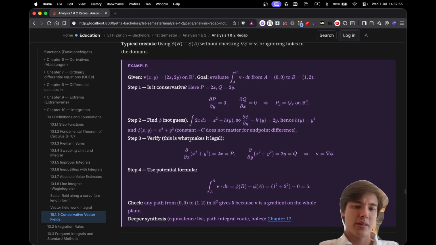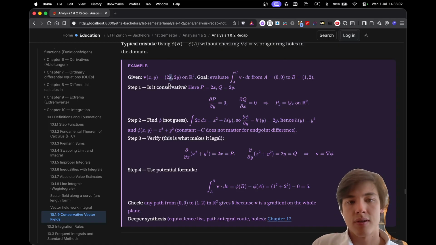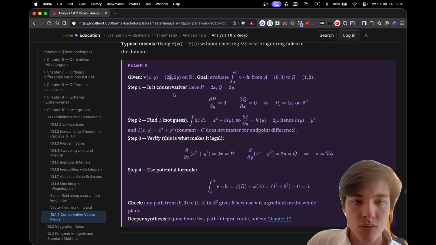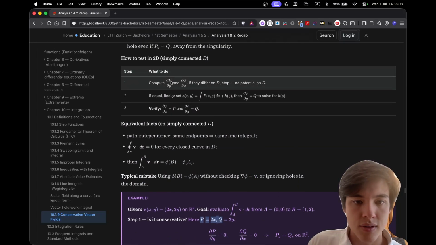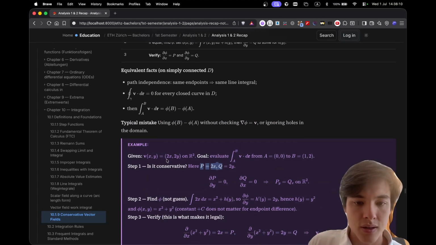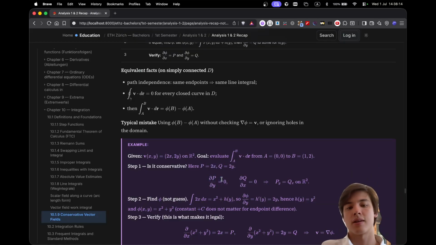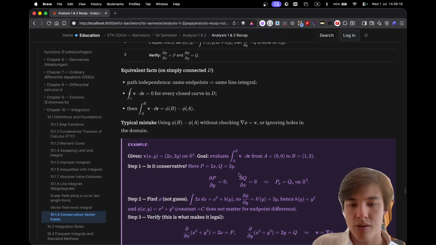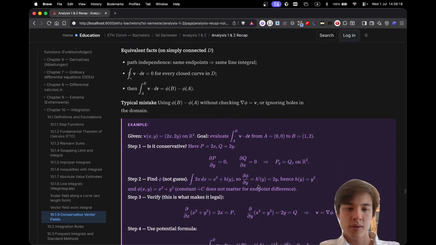Do I want to do an example? Yeah, let's do it. So it's 2x, 2y. We derive, where do we test here? It's conservative. So here we have P, 2x, 2y. And then from the other one, it's both 0. It's the same.